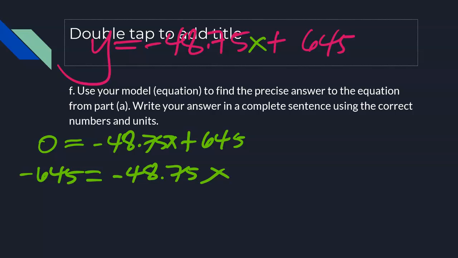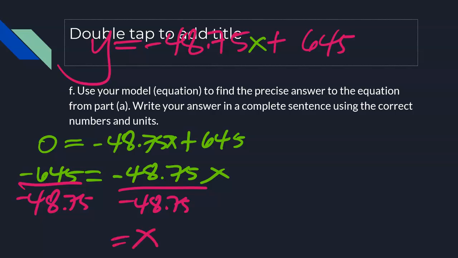And then we divide both sides by negative 48.75. And you'll get x approximately equal to 13.23.